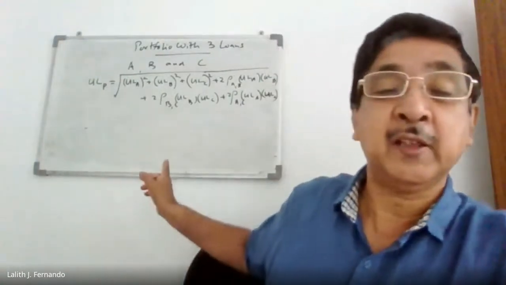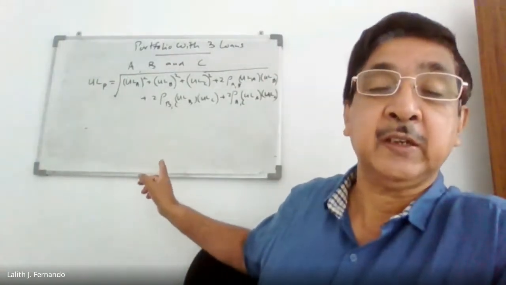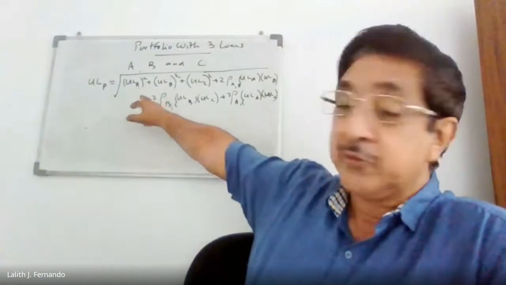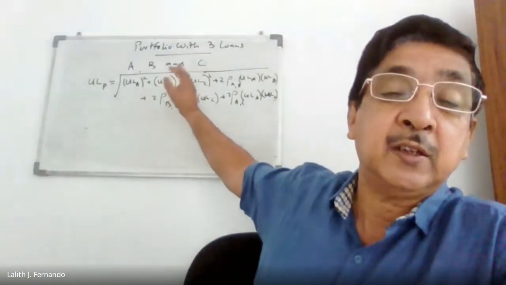Then the formula is written as: the first three terms are square terms.